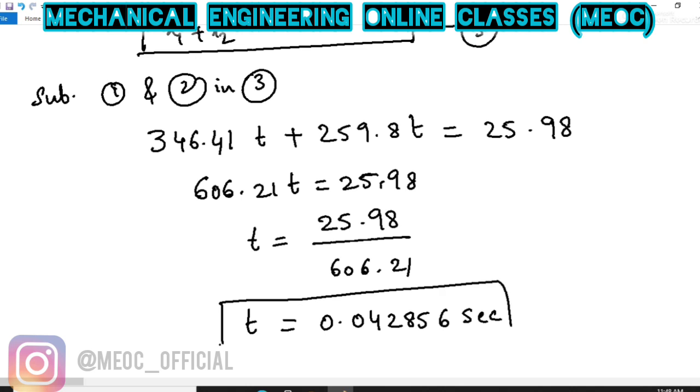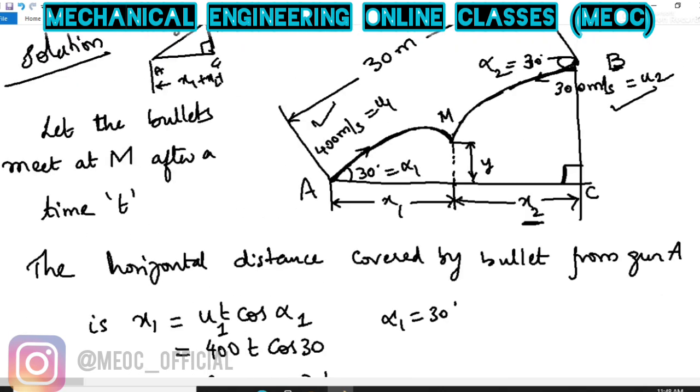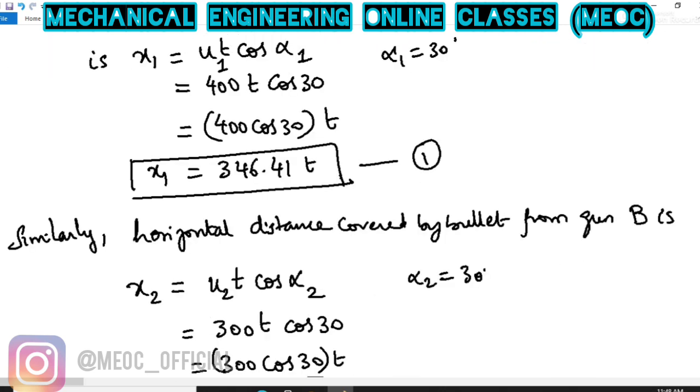So when are they meeting? They are meeting after 0.042856 seconds. But where are they meeting? For which we have to know x1 or x2 and y. So because now we know value of t, you can find x1, x2, one of them or both of them, doesn't really matter. So now I am trying to find x1 because we know t.